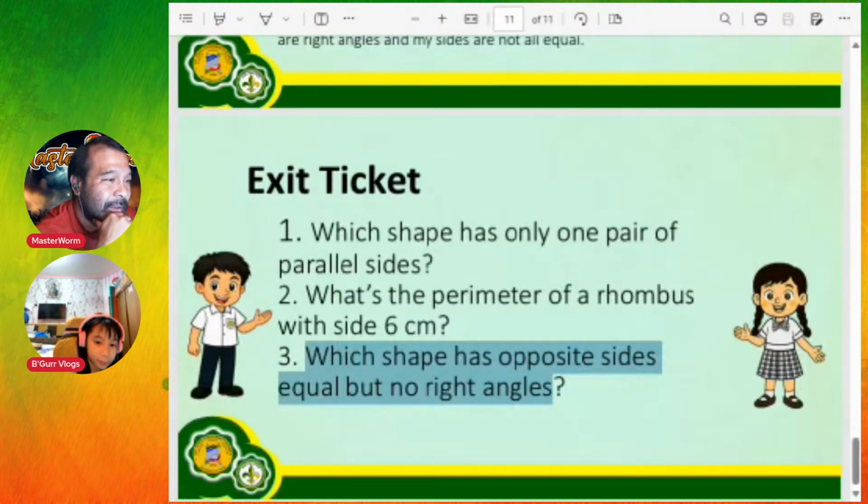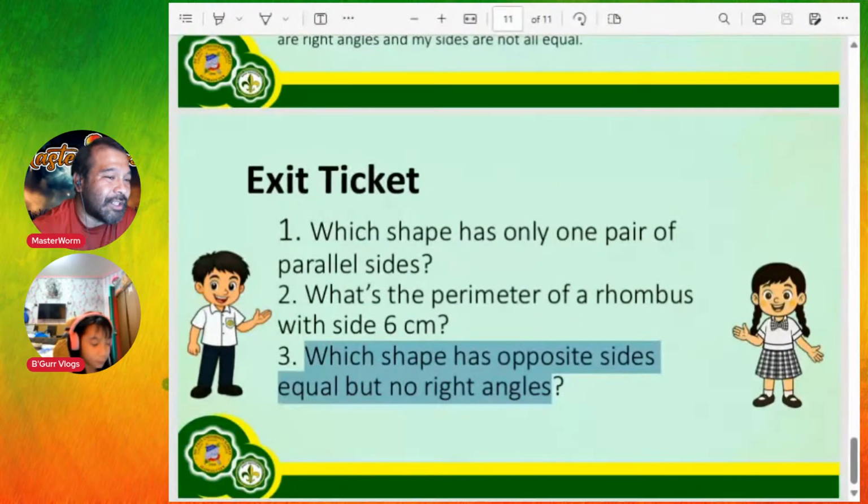Okay? 24. Okay, next, number 3. Which shape has opposite sides equal but has no right angles? Okay, so I will not make it hard enough for you because we still have a lot of stuff to do.